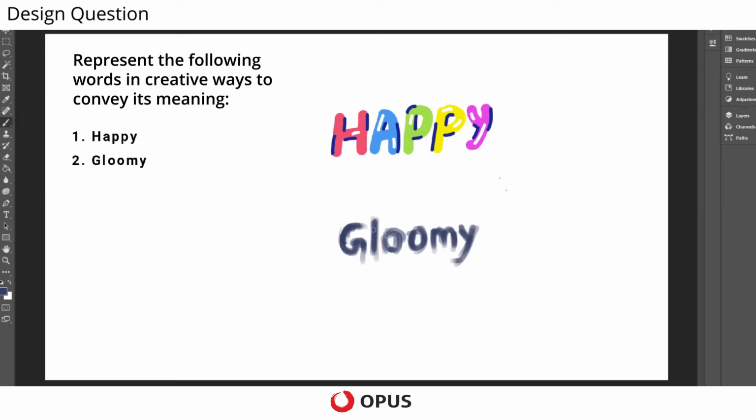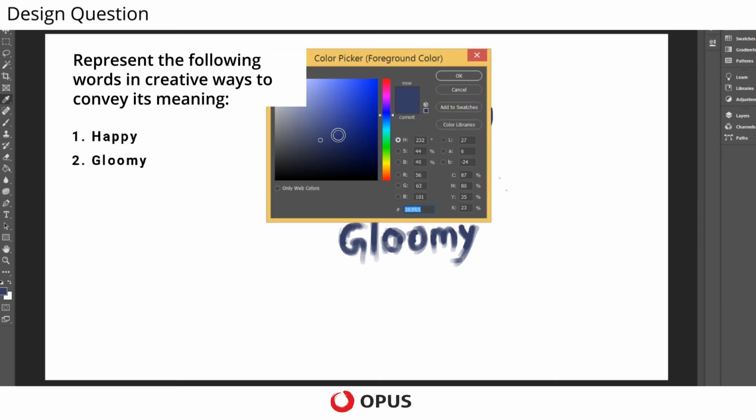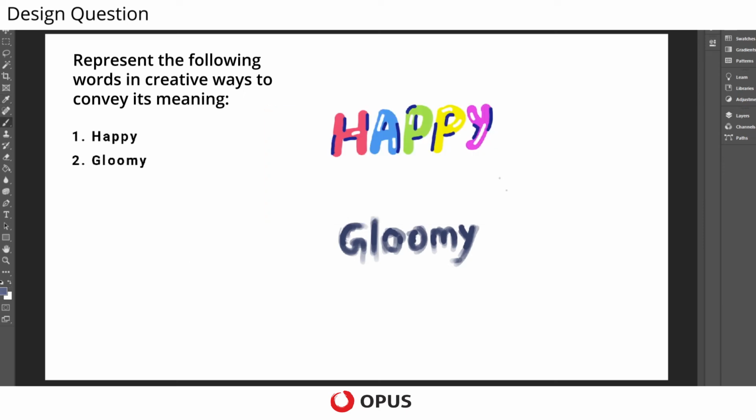Now if I add certain strokes at certain places, and then use certain other colors in the backdrop in a lighter fashion, it is just to aggravate the meaning and the feel of the word itself.